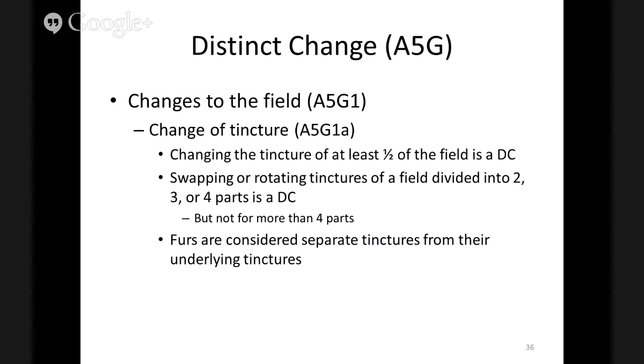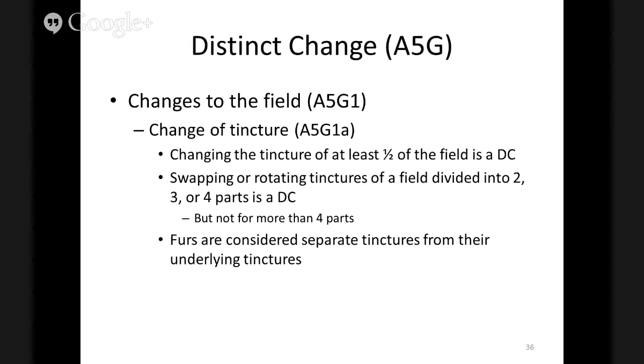If you swap or rotate the tinctures of a field that's divided into two, three, or four parts, that's a DC. But if it's divided into more than four parts, you don't. We'll see that in a minute. And if you have furs, ermine, counter-ermine, peon, potency, they're considered separate tinctures from their underlying tinctures. So ermine is not argent, it's ermine.